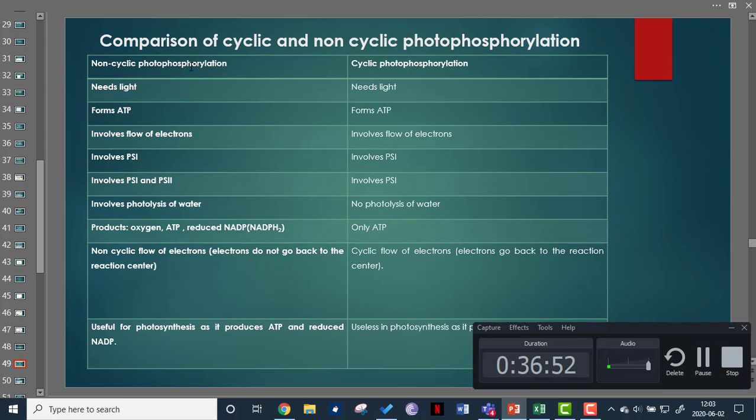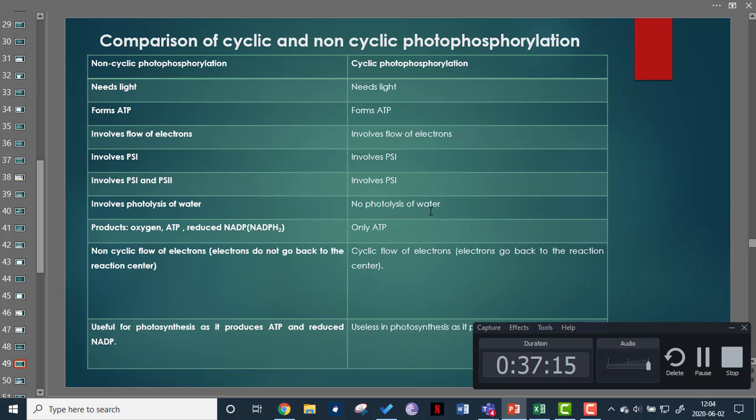Non-cyclic photophosphorylation involves the photolysis of water molecules, so that the electrons from the photolysis of water are used to replace those that have been lost in the chlorophyll molecules. But in cyclic photophosphorylation, there is no photolysis of water molecules.